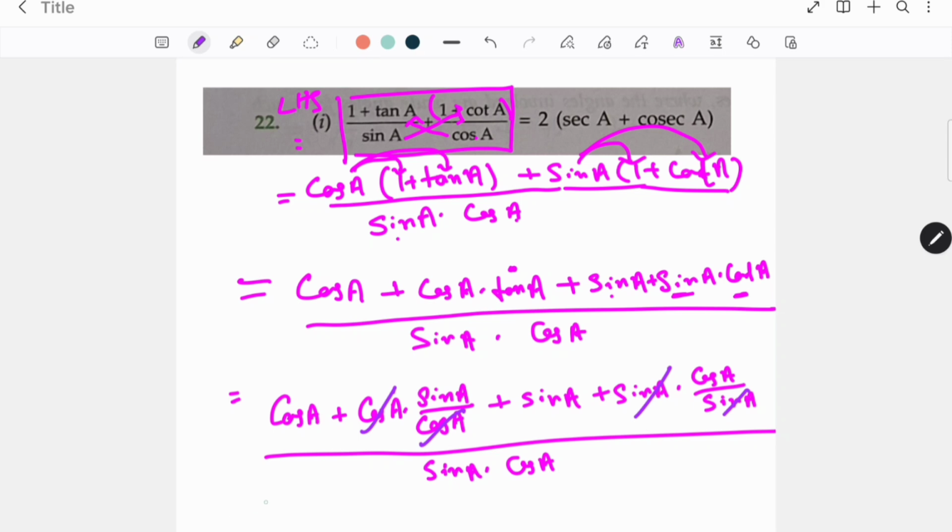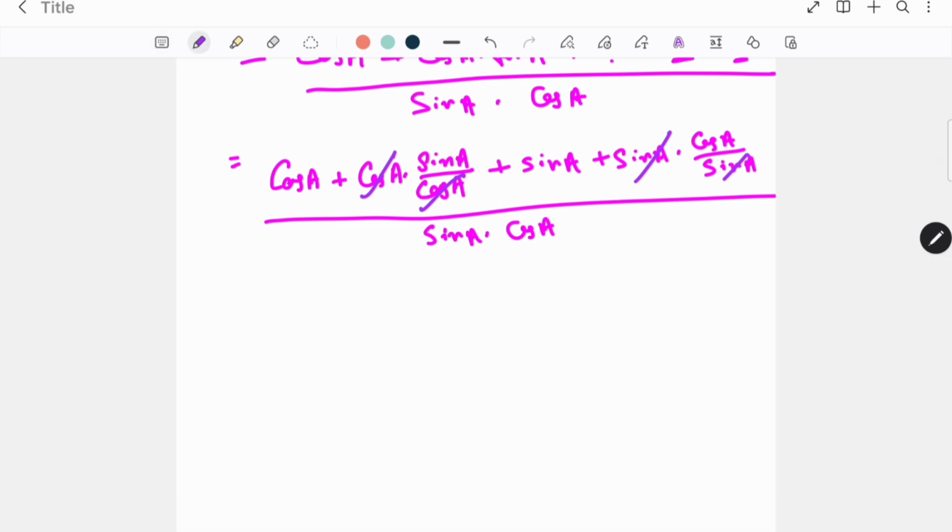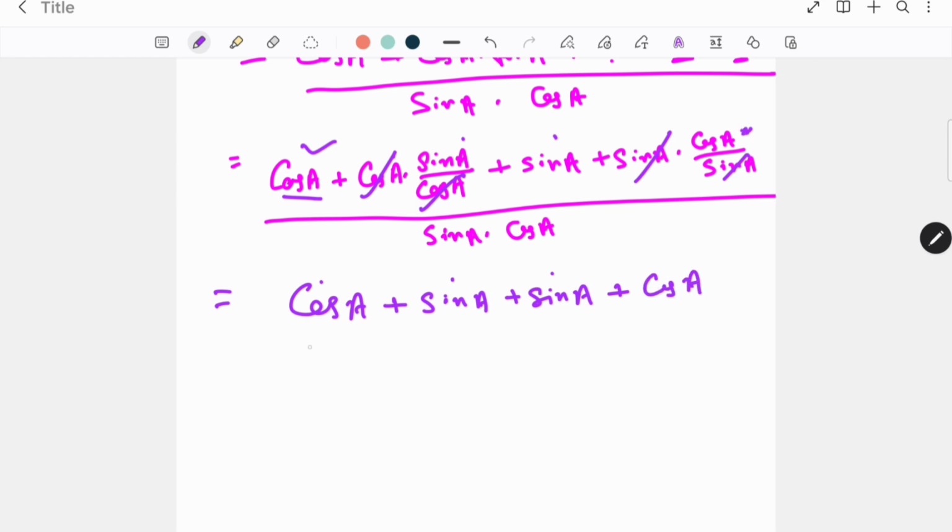We got here cos A, and here only sin A, here one more sin A, here one more cos A. Check, this is this one, this sin A is this sin A, this cos A is here, down sin A into cos A.